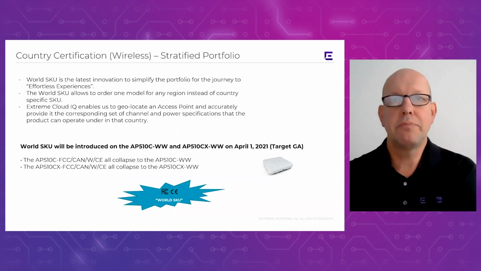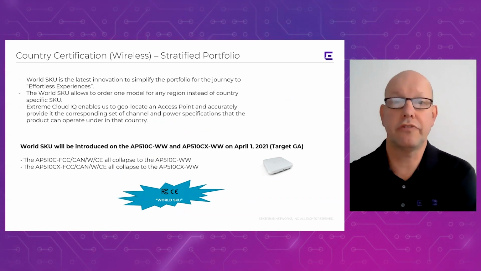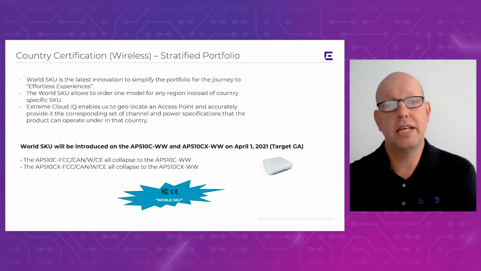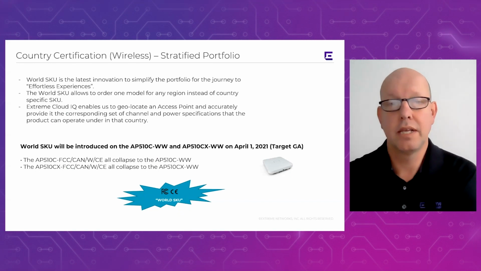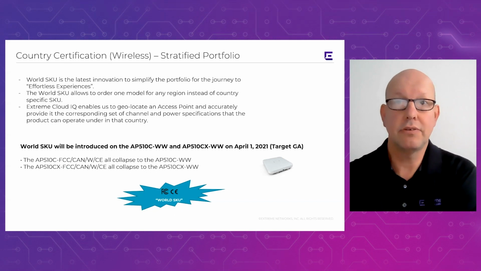But coming back on simplifying the portfolio by reducing the number of SKUs, it is worth mentioning that we already started with the country certifications for the AP510 series. We were able to collapse the US, Canada, rest of the world and Europe under one world SKU with the -WW extension.